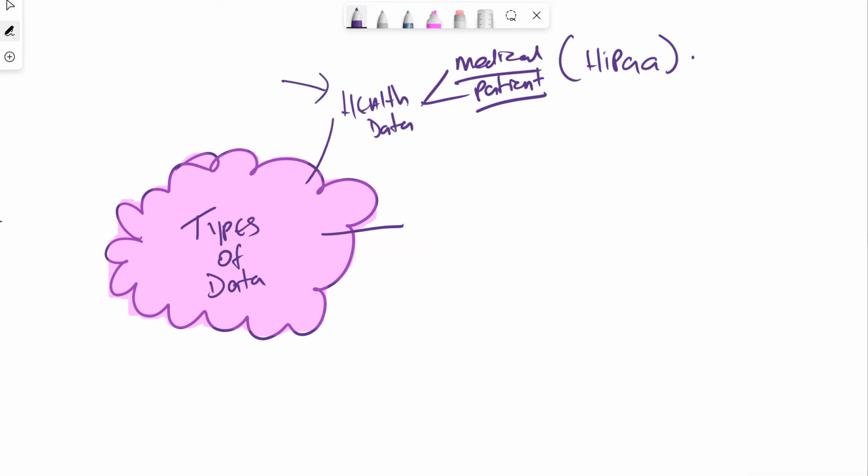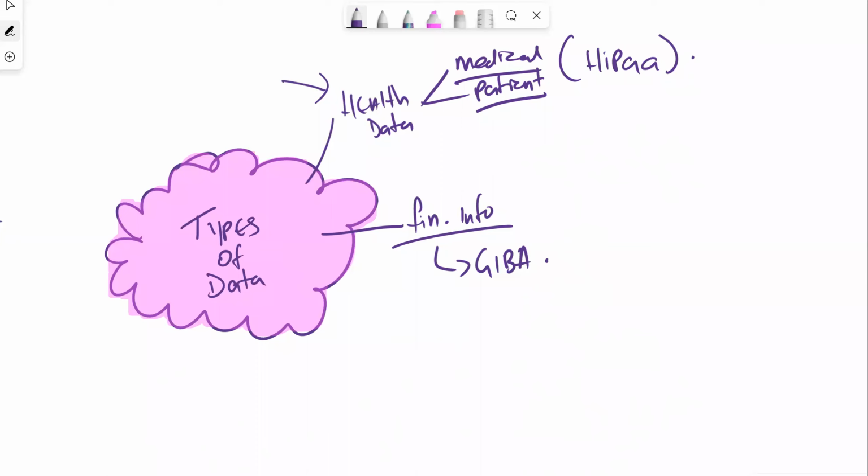I'm not going to talk into it too much at this phase, but I just mention it so you know it's available and it's there. Then we have our financial information, the Financial Information Act, and this is typically anything to do with dealing with customers. So typically something like the GLBA. I'll just write this out. You can look this up yourself and understand a little bit about it.